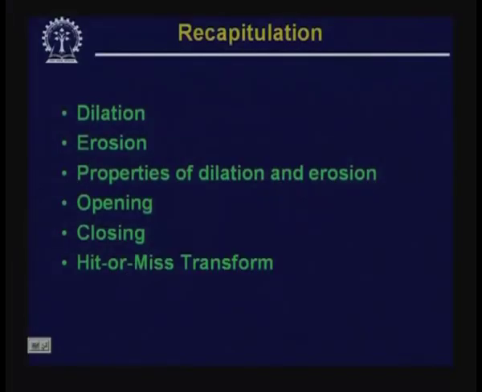In closing, first you perform a dilation operation, which is followed by the corresponding erosion operation. And for all these operations, opening or closing, we have to use the same structuring element.